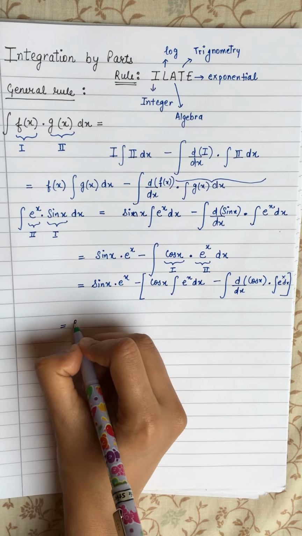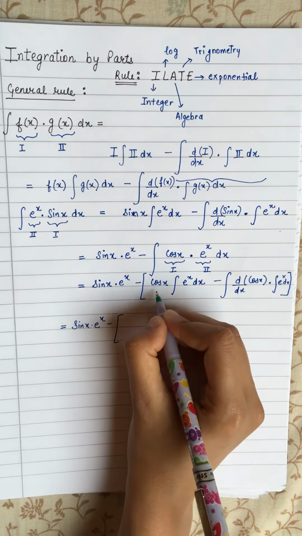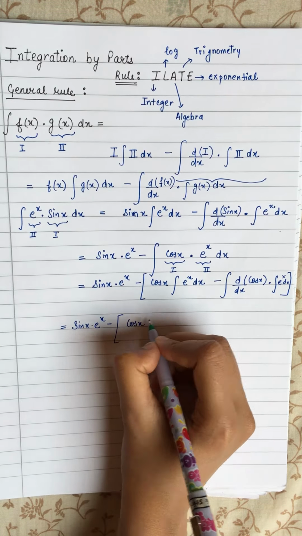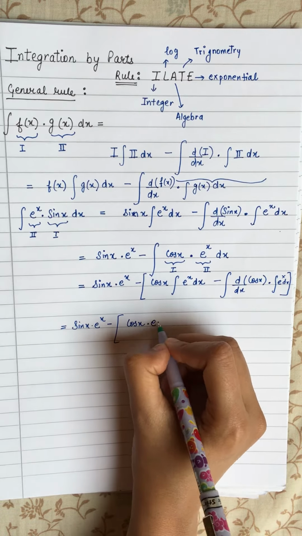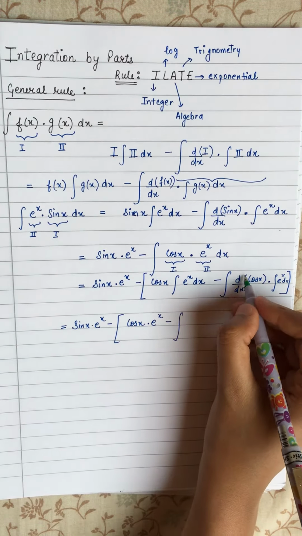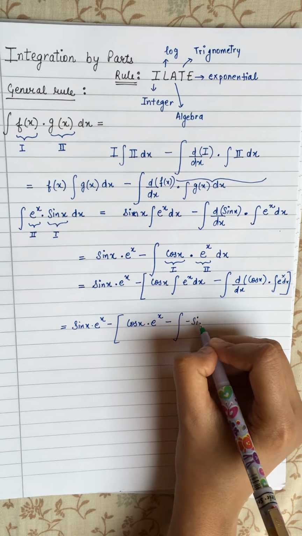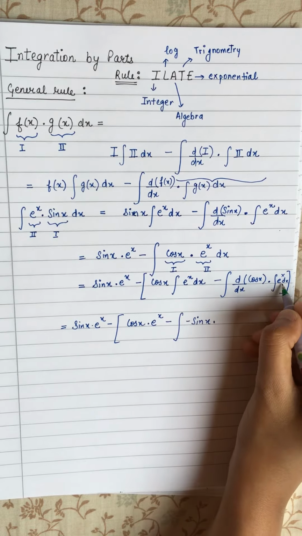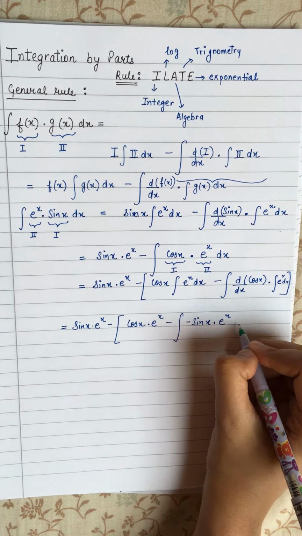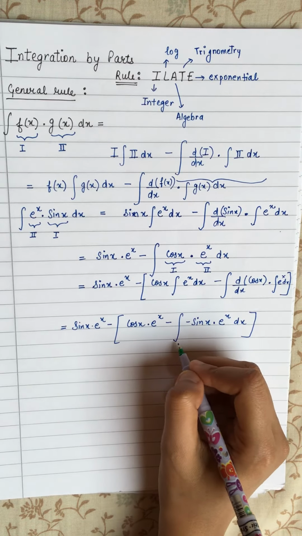The answer will be sin x e^x as it is, minus cos x as it is, integral of e^x is e^x, minus big integral, differentiation of cos x is minus sin x, into integration of e^x is e^x only, into dx, because this dx belongs to this big integral.